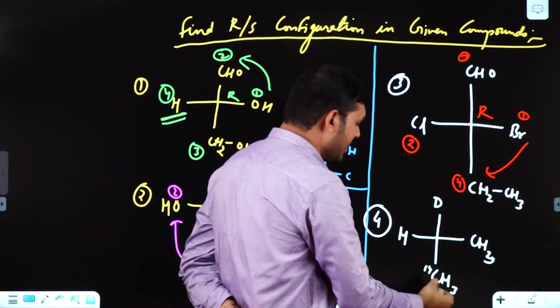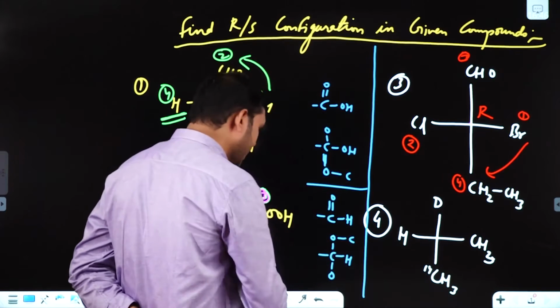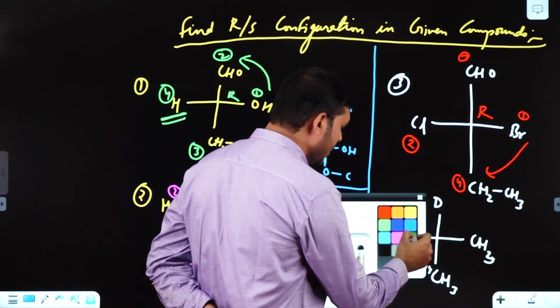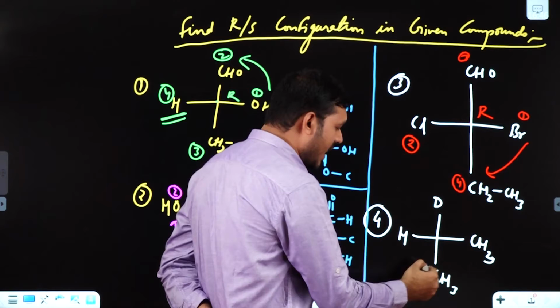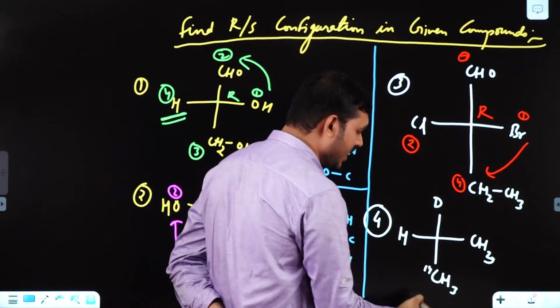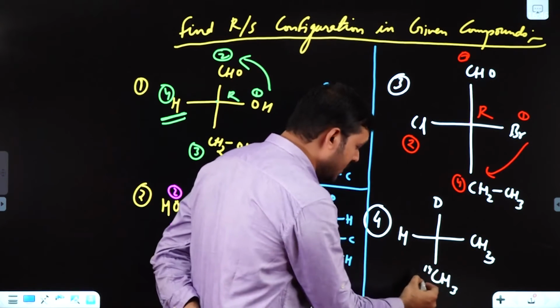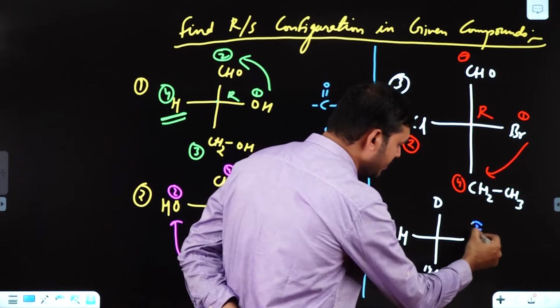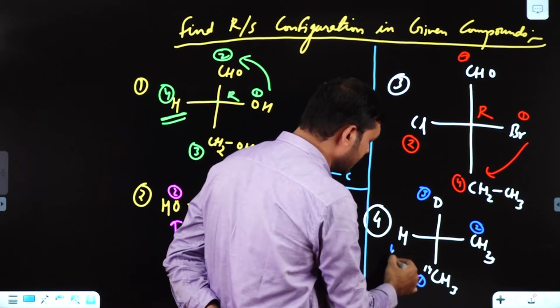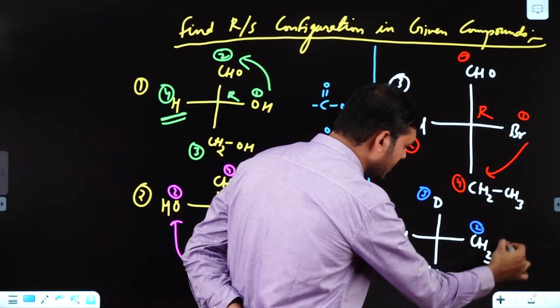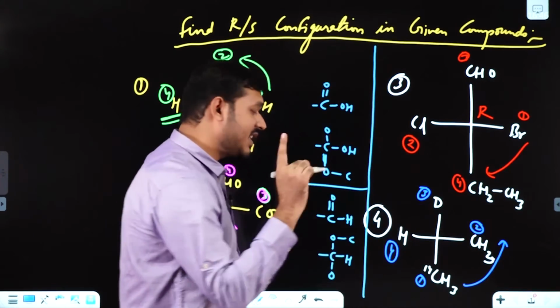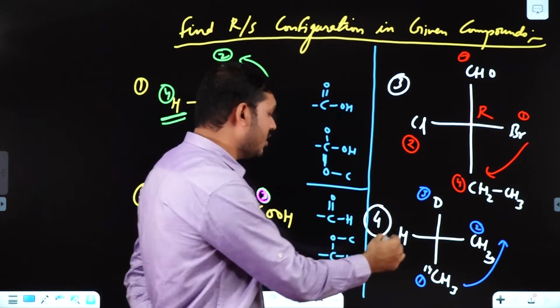Okay, now let's see what about this one. Hydrogen, deuterium and carbon. So carbon is preferred. Now in carbon also, which one will be preferred? In carbon, C12 and C14, so C14 is preferred. Okay, so this is 1, this is 2, this is 3 and this is 4. So it is anti-clockwise, but at the same time lowest priority group on horizontal.